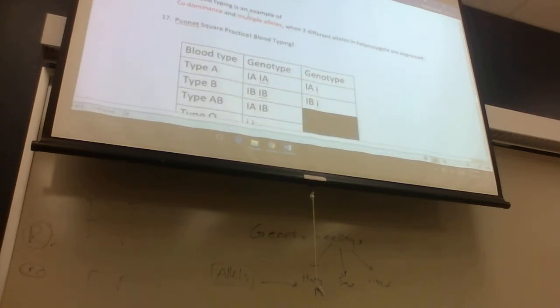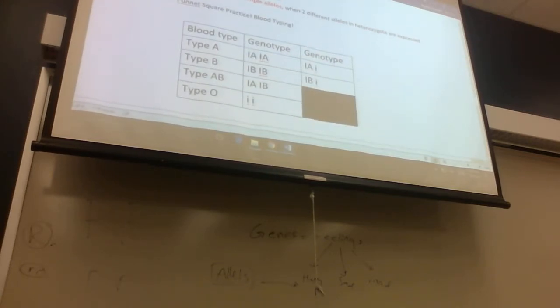The next type we have is codominance and multiple alleles. Great. So the allele, remember, is like the letter. Some people can have multiple letters. Codominance is like when they are at the same time.